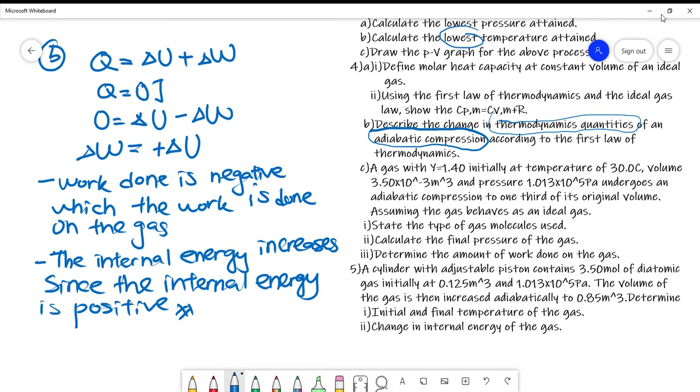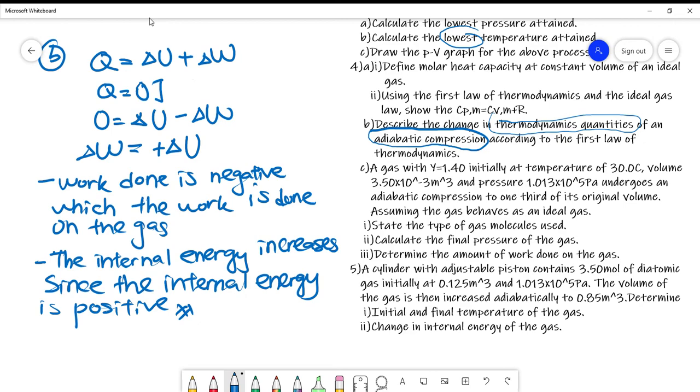So this is the statement that we need to state so that we are able to define the quantity of all the values contained in the first law of thermodynamics.